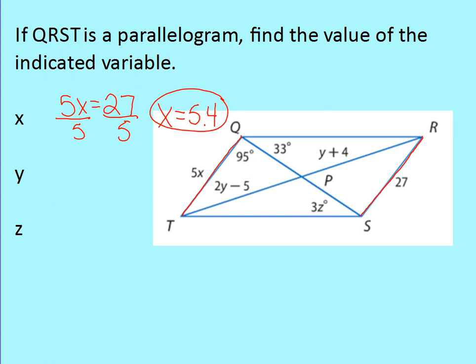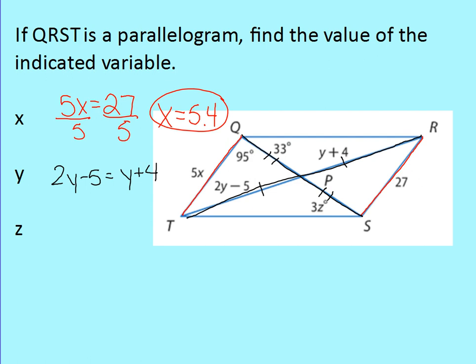Because this is a parallelogram, we do know that the diagonals will bisect each other, which means they're going to cut them into 2 equal pieces. So we do know the length from T to P will equal the length from P to R. So we can set 2y minus 5 equal to y plus 4, because they are two parts of the same diagonal, and we do know that it was bisected.